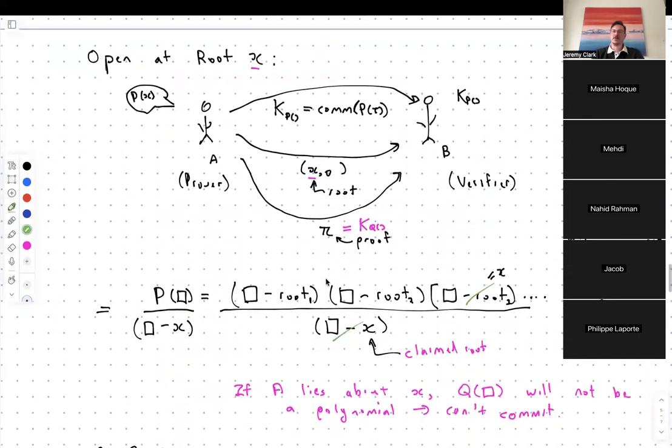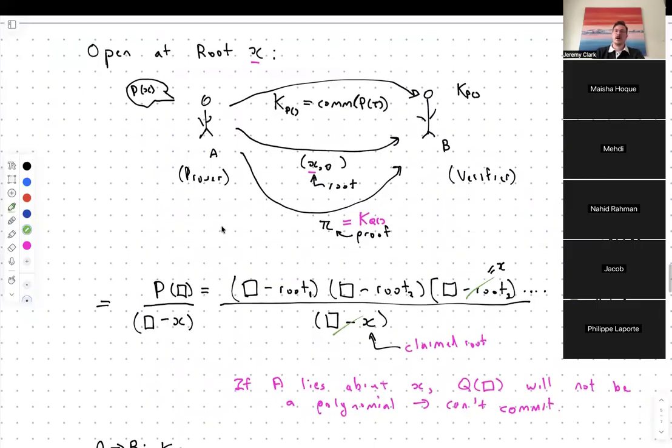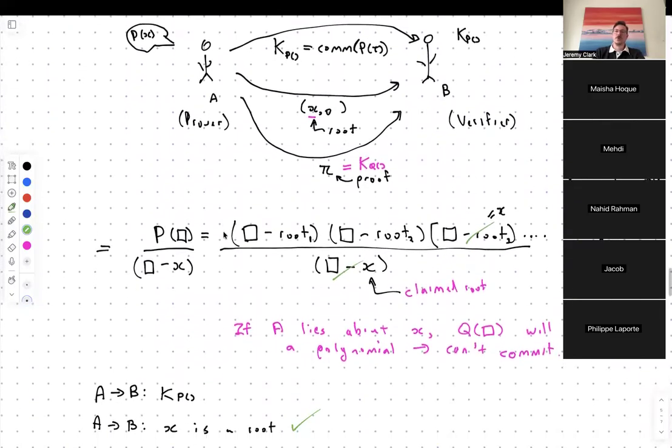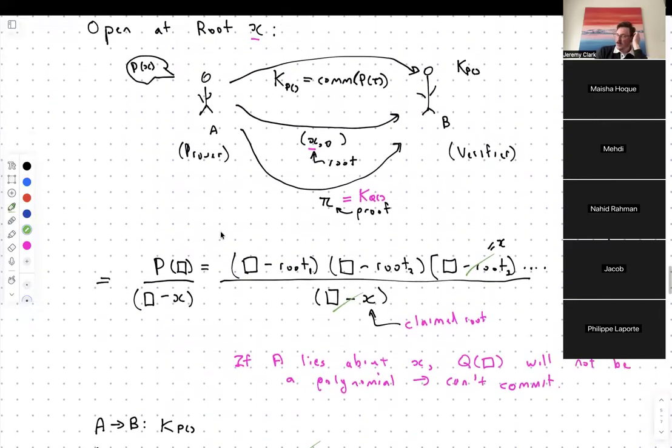Okay, so how am I going to do this? All right. So there's this property that we have, which is that if you know the roots of polynomials, then what you can do is put your polynomial into this form where it's the variable minus the root, the variable minus the root, the variable minus the root, all multiplied together.